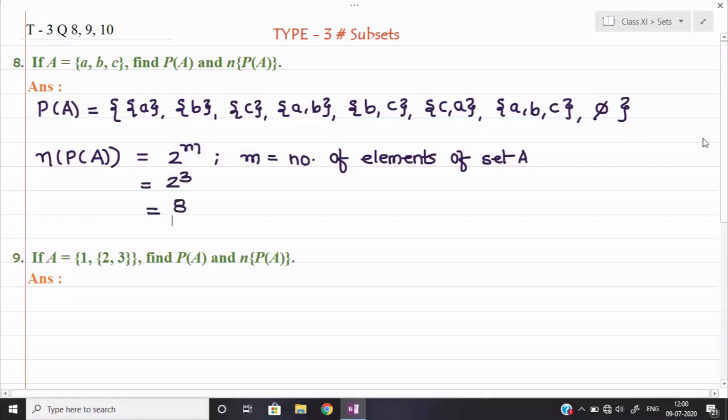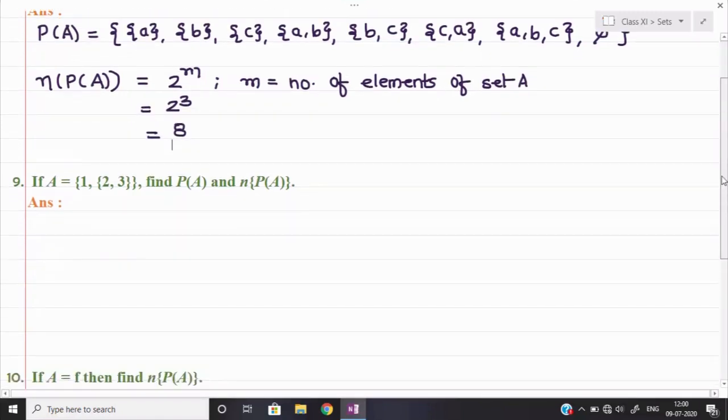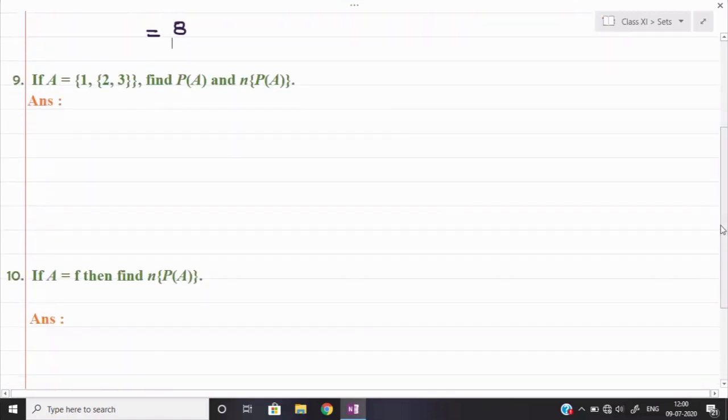Let us solve quickly question number 9. Now remember, in the ninth question, why I am explaining this is because again it is a confusing manner given to us, 2 comma 3 in the curly bracket. But now I think it is clear to you, 2 comma 3 along with the curly bracket is your second element, and only 1 will be your first element.